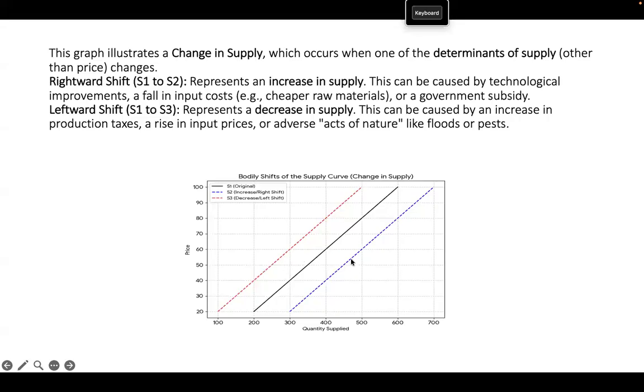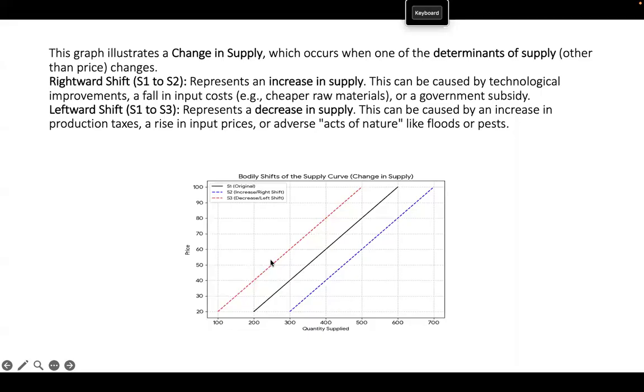So when there's an increase in supply, we can say that other factors, such as technological improvement, a fall in input costs, or government subsidy, have improved. When there's an improvement in technology, a fall in input cost or raw material, or a government subsidy, there's a shift. Supply will increase from the black line to the blue line.